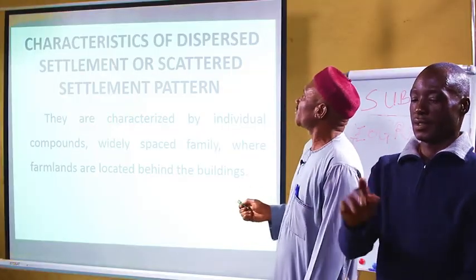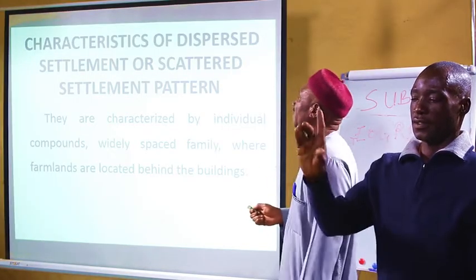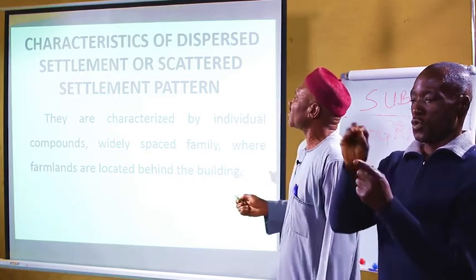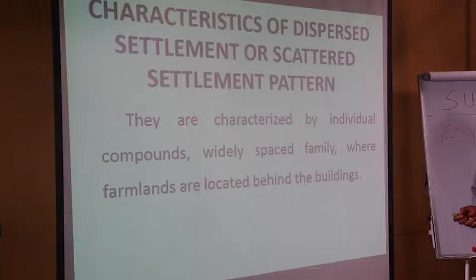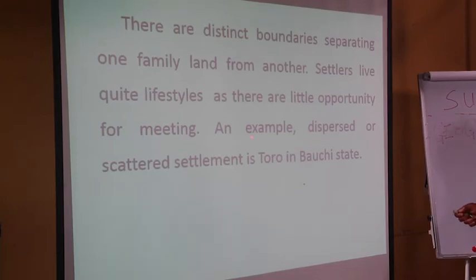Now the characteristics of dispersed or scattered settlement pattern. They are characterized by individual compounds, widely spaced families, where farmlands are located behind the buildings. There are distinct boundaries separating one family's land from another.